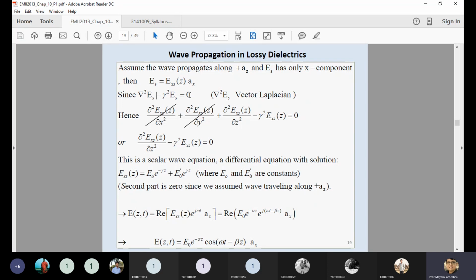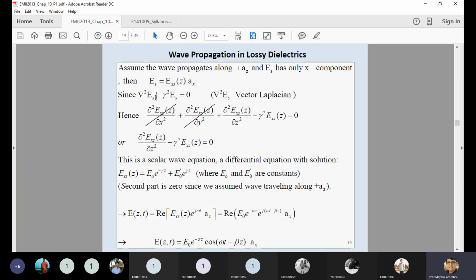I'm not going into the detail of how you find the solution, but I will give the method. For that you require the solution of the Laplacian, because it is a second order differential equation. So just take this equation: del square E is equal to gamma square E.